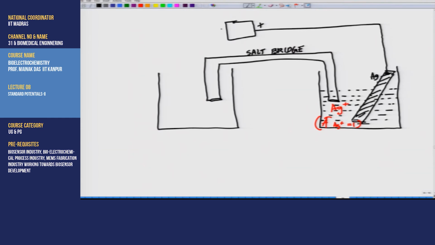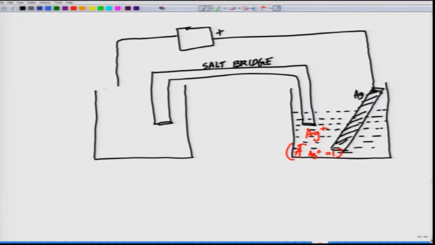And on this side, the first electrode in this course that we are going to deal with, we are introducing now. It is coming down, and there you have platinum sitting here.